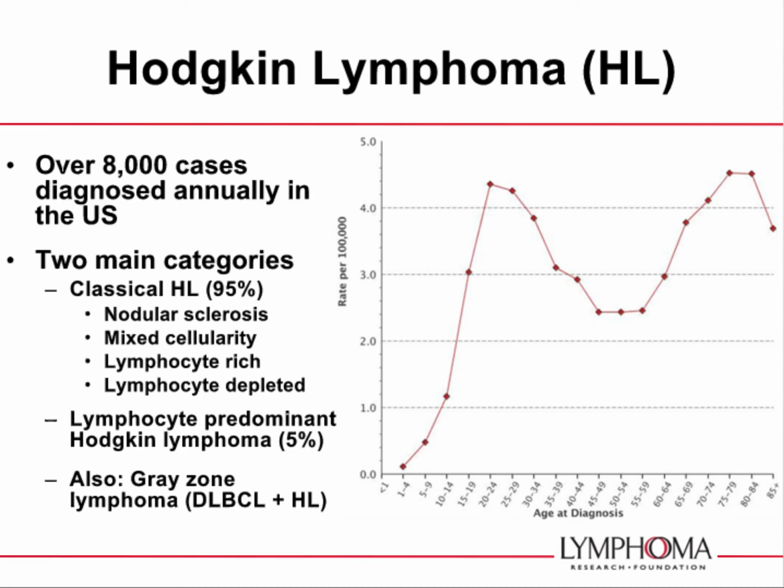So in terms of the incidence, a little different. Remember how you saw that steeping curve up? For non-Hodgkin's, you see this what's called bimodal curve in terms of incidence of Hodgkin's. In other words, we see it most commonly in patients in their 20s and 30s. It goes down a little bit and then comes back again in the 70s and 80s.